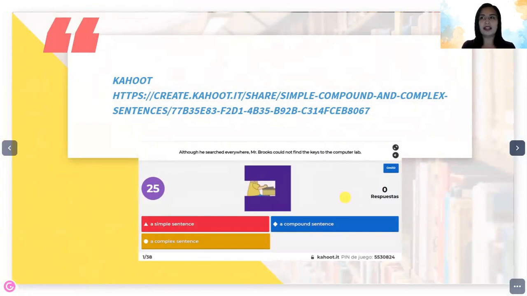This is not something that I create, but I think that it is better when the teacher creates examples related to the content that is seen in class. I mean, related to the topic of the class. So we can play Kahoot, and at the end, well, this will be an individual activity.